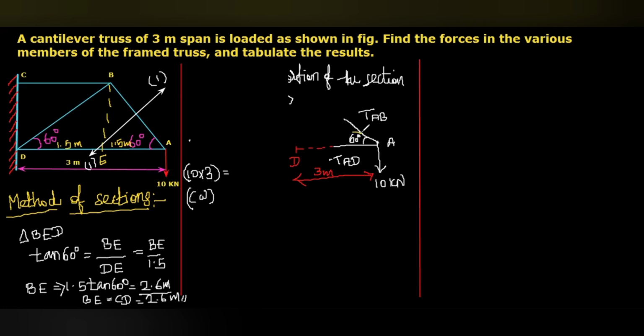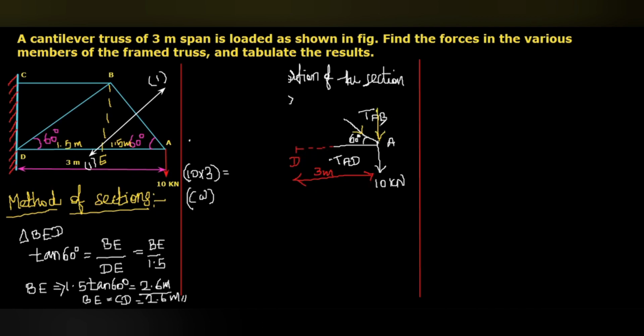If it acts like this, then we know that TAB sin 60 will be in this direction and TAB cos 60 will be in this direction. But whatever, the TAB cos 60 passes through the point D, so the moment due to the horizontal component will be eliminated. But here you can see, if this vertical component TAB sin 60 acts like this, then the moment about D will also be clockwise.